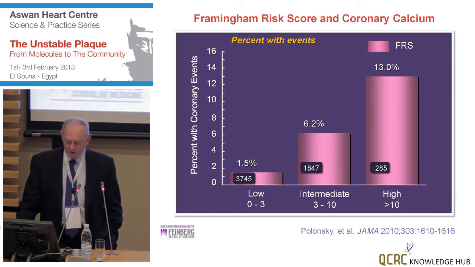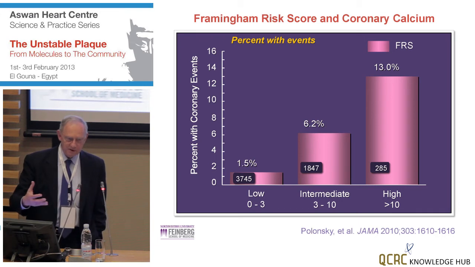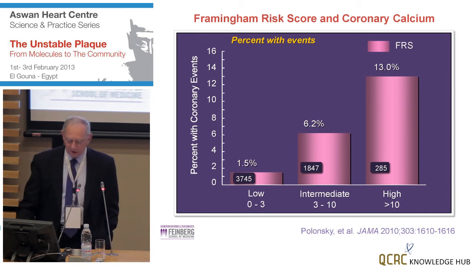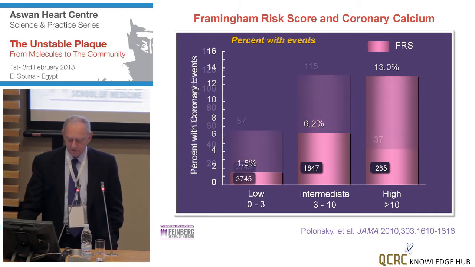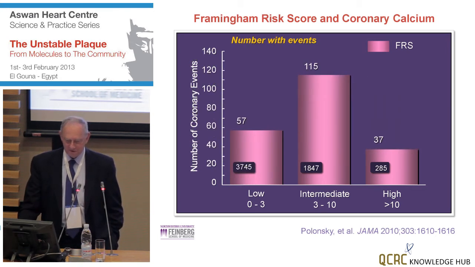But here, look, we did again have this issue of numbers. There are so many more patients with low and intermediate scores compared to high risk Framingham scores that when we don't look at the percent with events, but the number of patients with events, the curves look more like this. So there are more patients with low risk scores and intermediate risk scores who have coronary events compared to the patients with high risk scores. Same, very similar analysis that we saw previously.